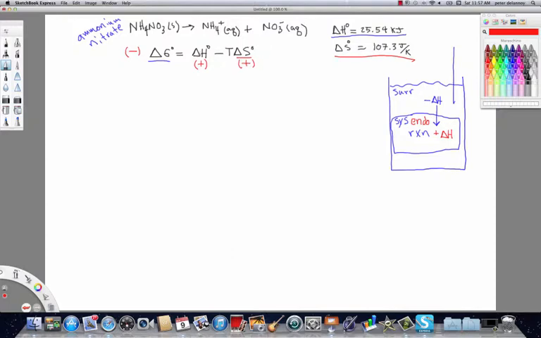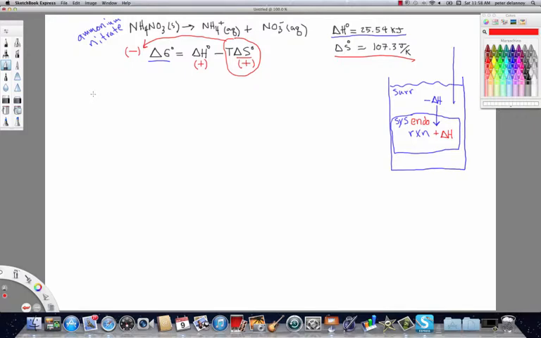And when you look at the equation, you see that delta G naught is equal to delta H naught minus T delta S. Since the delta S is positive, it's this portion of the equation that makes the delta G negative. All right, that overcomes the positive nature of the delta H to make this value negative.